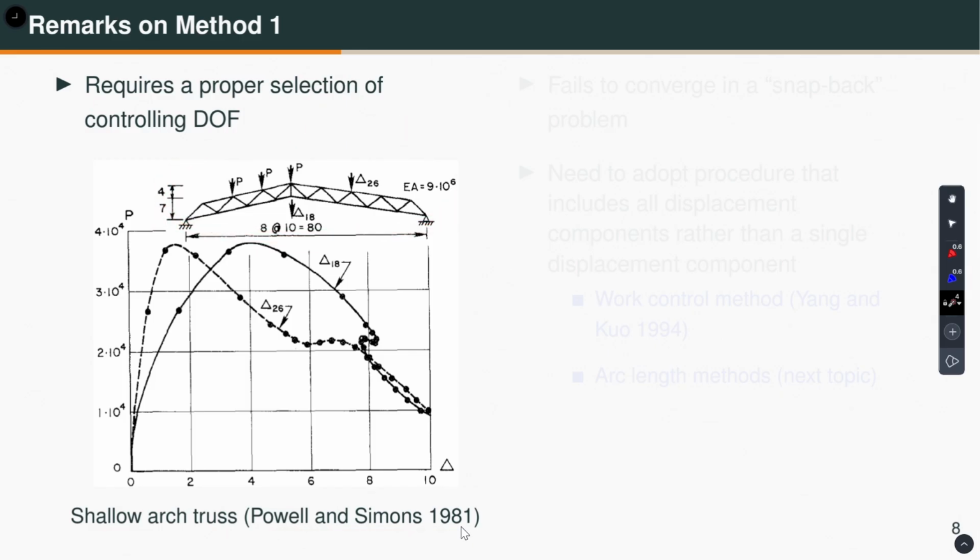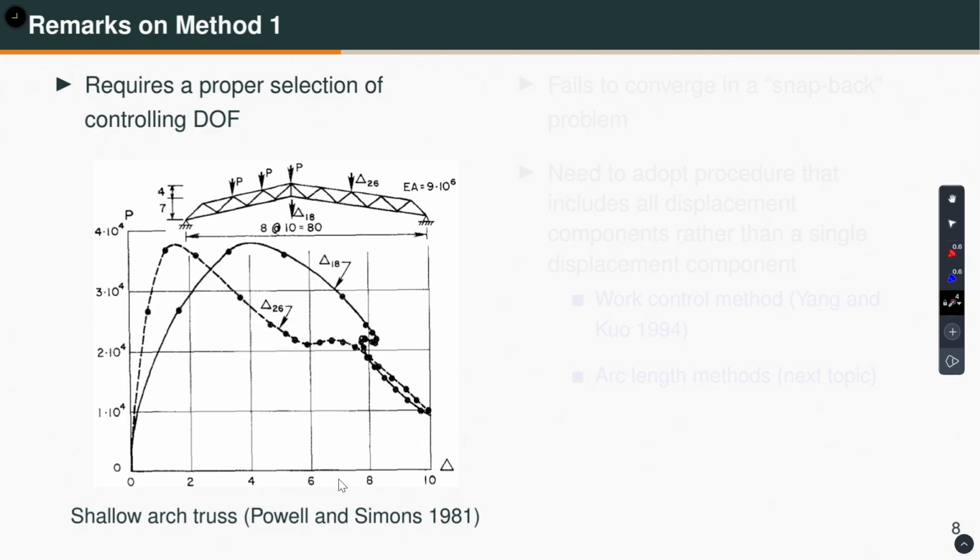This is kind of an asymmetric truss arch. You see, this span is different from that span and it is loaded by P. Loading is also asymmetric, and the dimensions and other things are given. So, the objective is to determine the force versus the displacement.